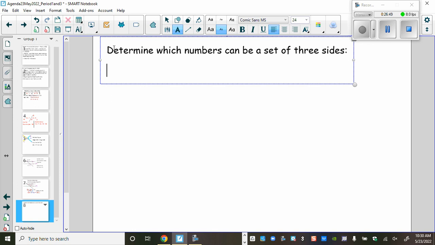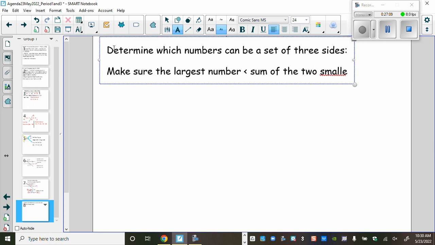Basically, what you need to do is make sure the largest number is less than the sum of the two smaller numbers.